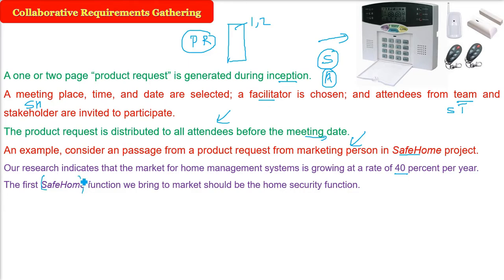Safe Home is the name of the project. It can be any other name, but here we are talking about Safe Home, and we would like to market it with a home security function.